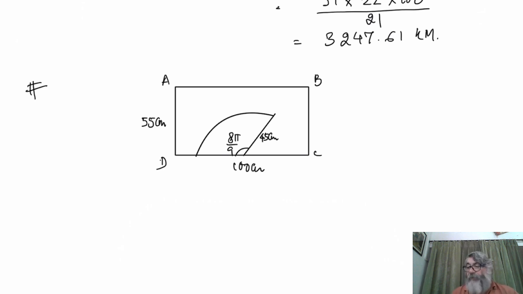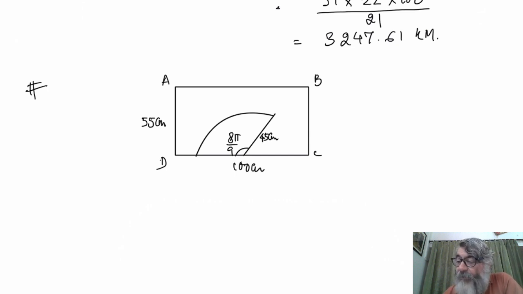The length of the wiper is 45 centimeter. Obviously it is going to clean a sector only, of 45 centimeter radius, and that makes an angle of 8 pi upon 9 at the center. Now what he says is, what is the length of the arc swept out?